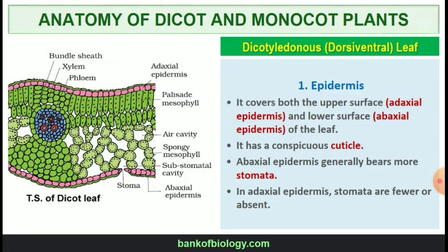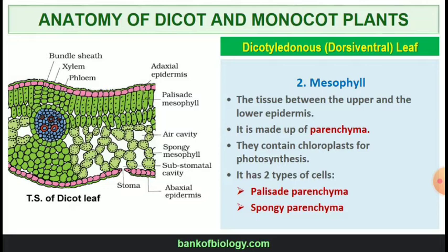Usually on the lower surface of the leaf there are stomata which help in transpiration. On the top surface the stomata are fewer or absent, but on the lower surface of the leaf the stomata are present.